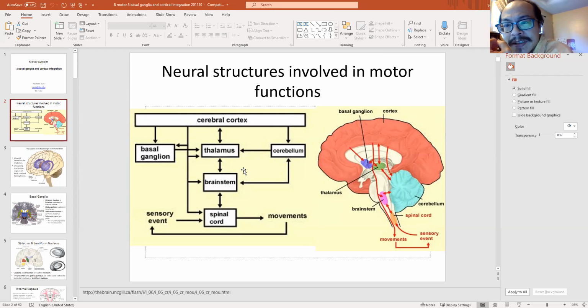Now, what is missing, what we have not talked about, is this portion. This is the important circuit right here, including the cerebral cortex, basal ganglia, and thalamus. So this is a loop, and this loop is important. Basically, what this loop means is that for everything we do, everything we say, we have a second thought.